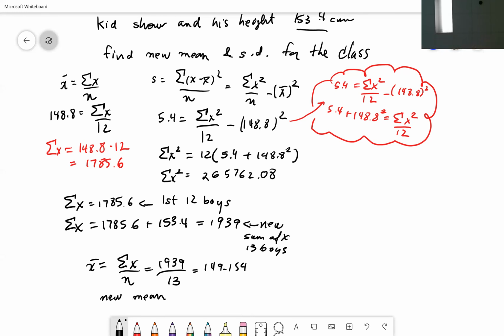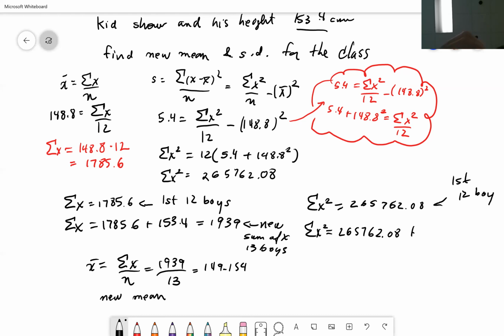So what you need to realize is that the sum of x squared equals 265,762.08 for the first 12 boys. But now the sum of x squared must equal 265,762.08 plus the new boy's height squared. You see that?